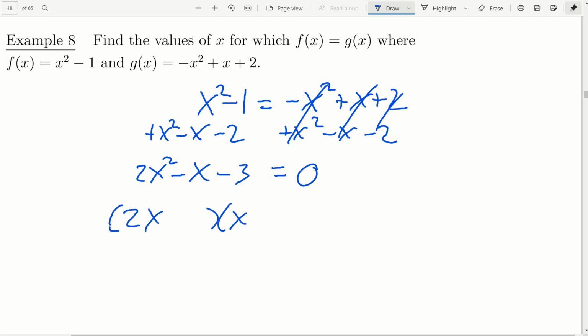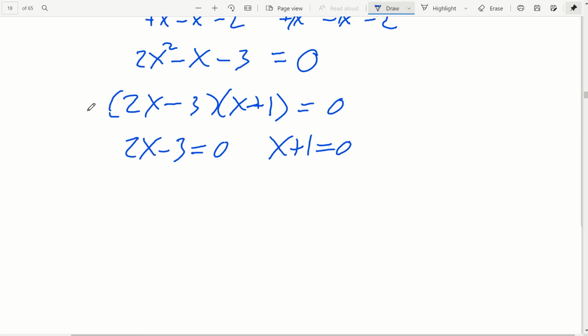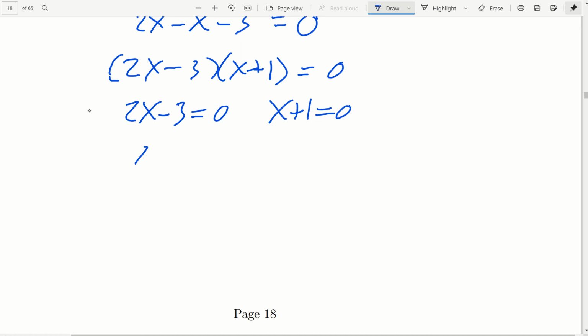We have 2x and x. We're going to have a 3 and a 1. There should be a negative and a positive. Once it's factored, we set each factor equal to 0. For the first equation, we would add 3 to both sides. And then the next step would be to divide both sides by 2.